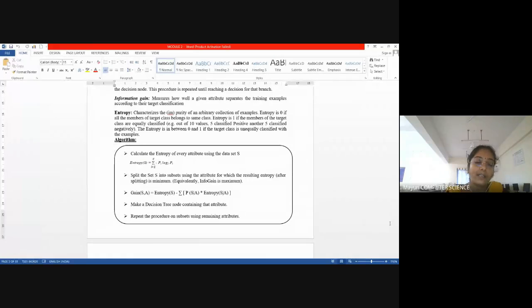You start constructing the decision tree one by one. First of all, you need to fix the root node. For example, if I have 4 attributes in my data set, which attribute can have the higher priority to become the root node? The attribute which has the highest info gain will be the root node.